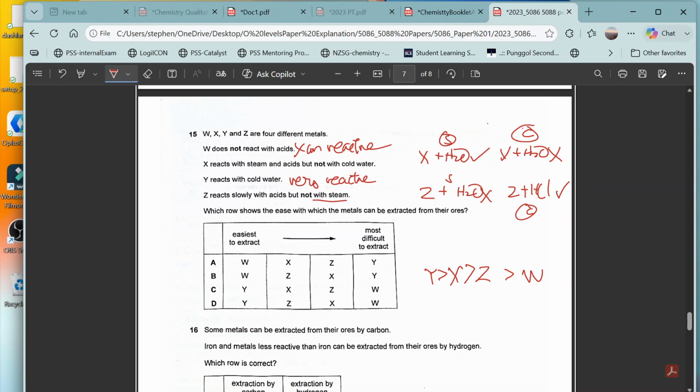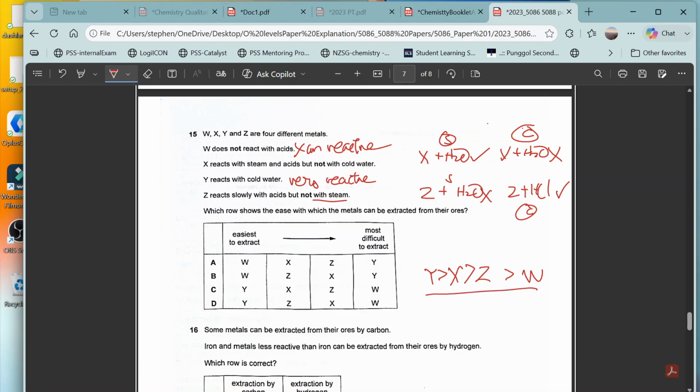Because X will react with cold water, Z doesn't even react with cold water. Z only reacts with HCl. That means Z won't react with cold water but only reacts with HCl. That's a hidden meaning. Okay, so I get this.